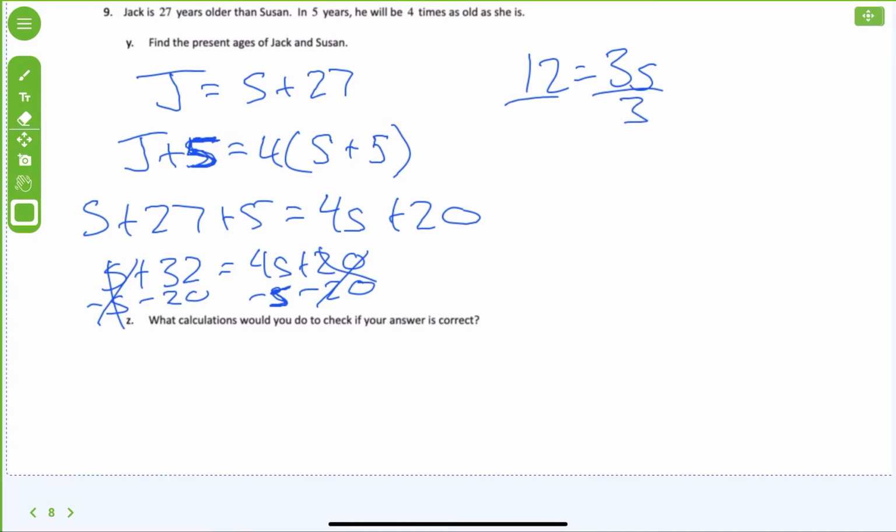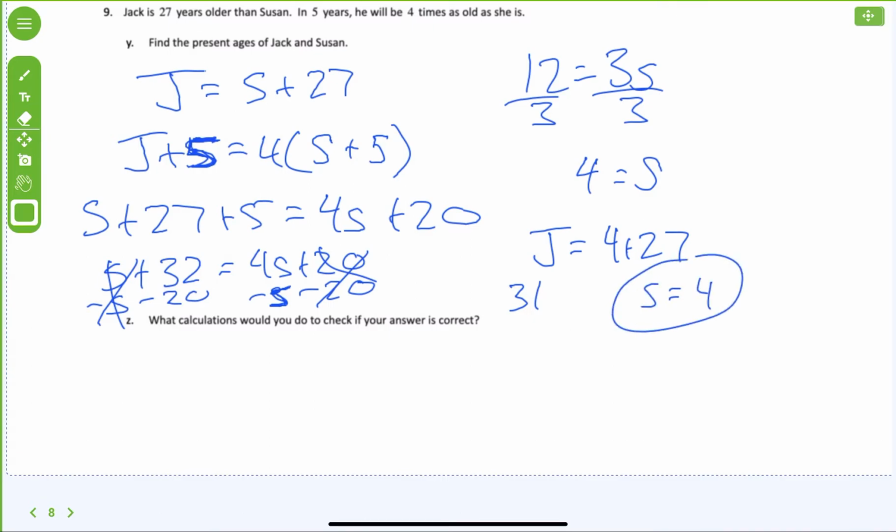If I divide by 3, S is equal to 4. So now Jack is equal to 4 plus 27, so he is 31 years of age. And Susan is 4.